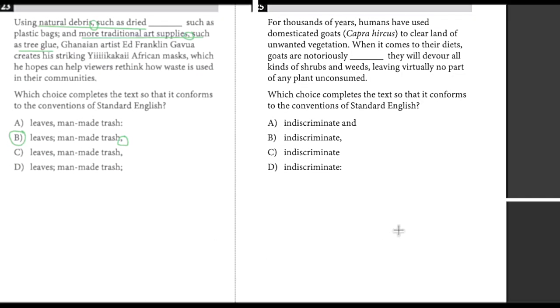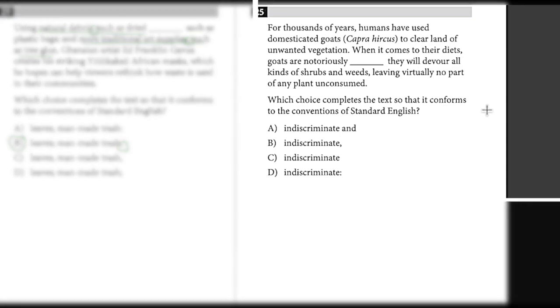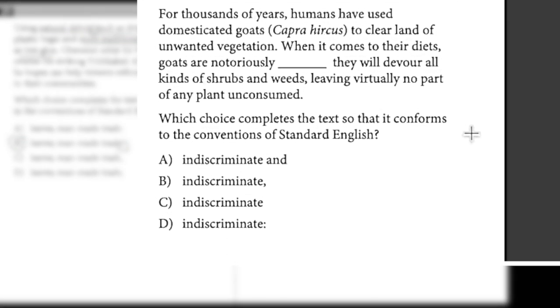All right, we'll do one more of these. When it comes to their diets, goats are notoriously indiscriminate. They will devour all kinds of shrubs and weeds, leaving.